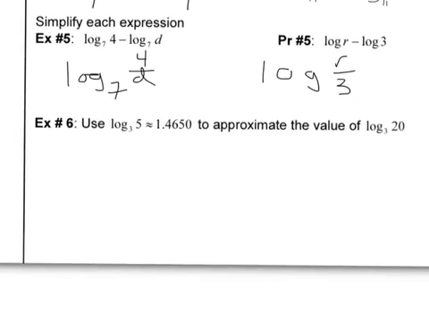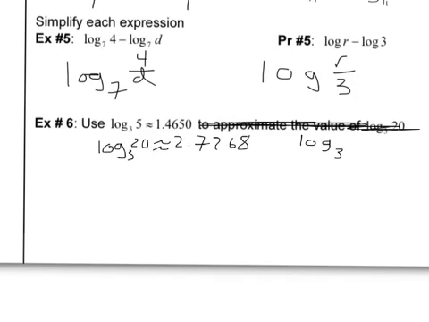Okay, on this one, don't try and do it yet because there's a typo. So cross off all this. You're going to use the fact that log base 3 of 5 equals 1.465 and that log base 3 of 20 is approximately 2.7268, and we want to know what the log base 3 of 4 is, or at least what it approximately is.